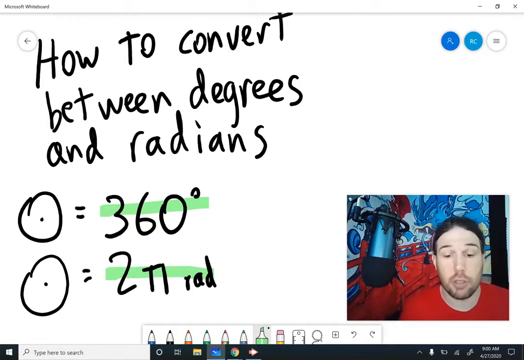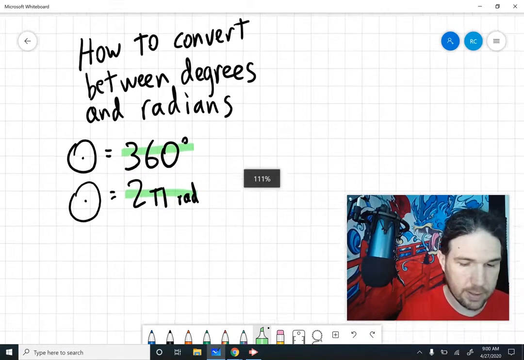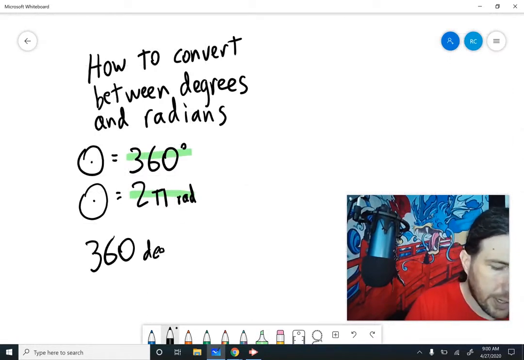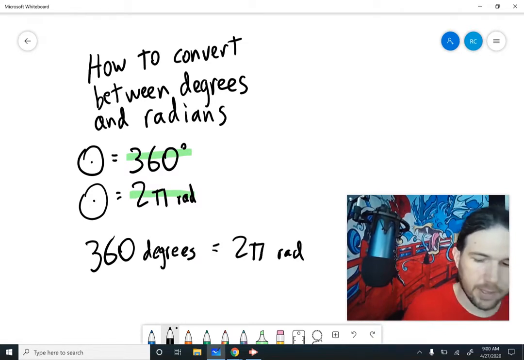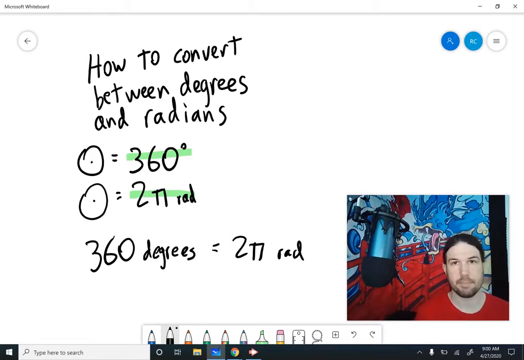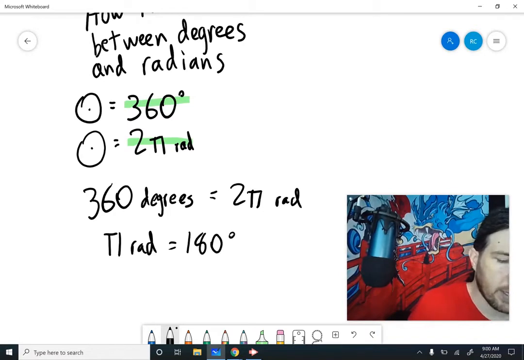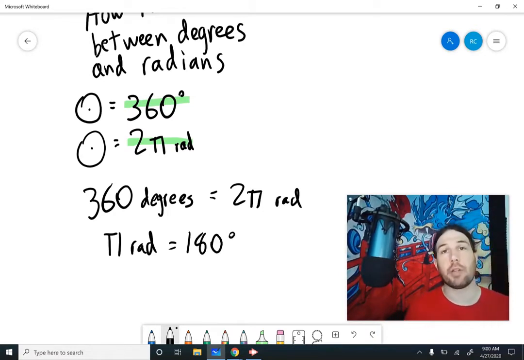They're both a complete circle. So we can say that 360 degrees equals 2 pi radians. Yeah? Dividing both sides by 2, we can say that pi radians equals 180 degrees, and that's going to be our unit conversion. Okay, that's going to be our conversion factor. That's how we're going to get from degrees to radians and from radians back to degrees.